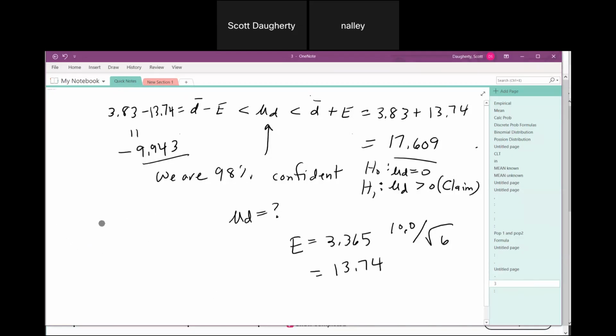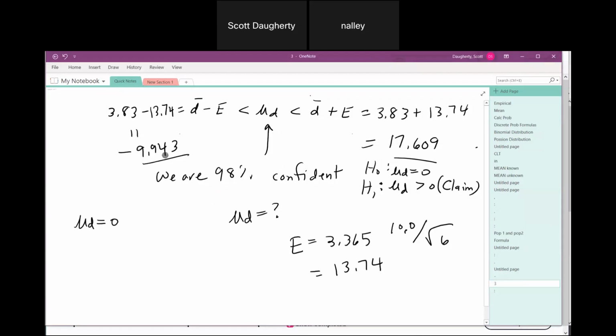So when you look at this, you have to decide whether you believe that mu sub d being equal to 0 is a reasonable possibility. Is it plausible? When you look at the confidence interval, I think it's a reasonable possibility because we're 98% sure that it's between negative 9.9 and 17.6. 0 happens to be in that interval.